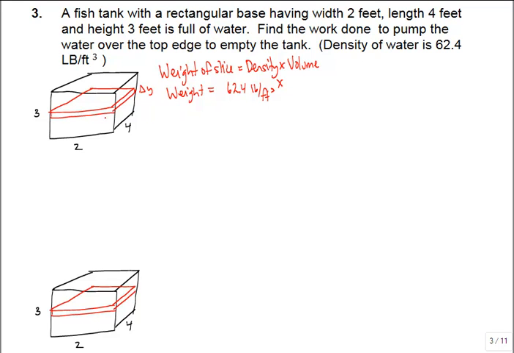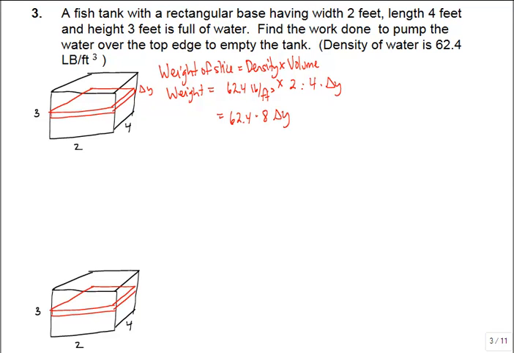And as I said before, this is basically just a rectangular solid, so its volume is going to be its length, which is 2, times its width, which is 4, times its height, which is this delta y. So when we do that, this becomes 62.4 times 8 delta y.